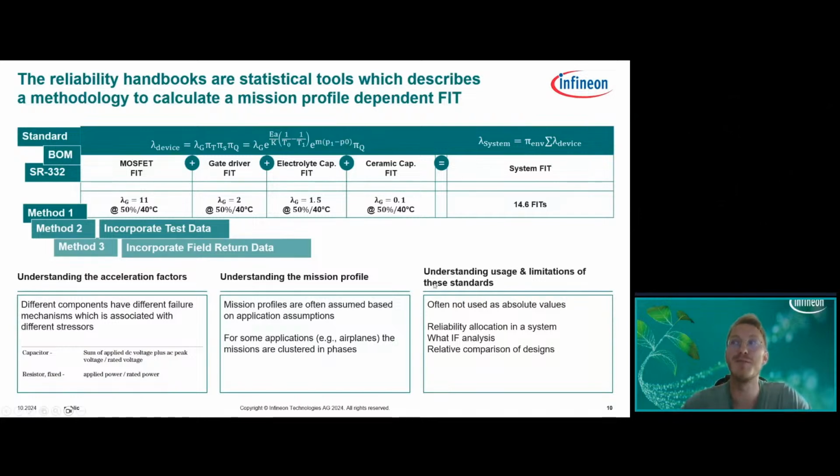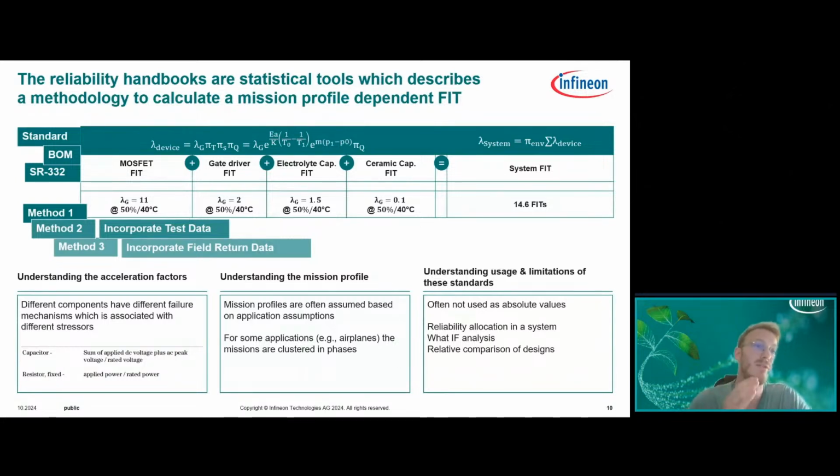How are those reliability handbooks usually used productively in the industry? They are not necessarily used as absolute values. A common criticism is that the failure rates defined in those standards are based on very old data, and that is true. However, where you can use them very well is in relative comparisons.